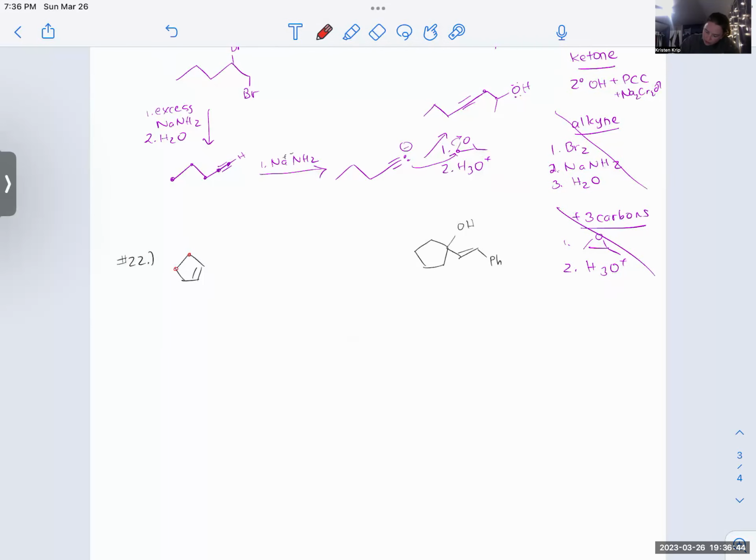So we have 1, 2, 3, 4, 5 carbons. We have an alkene in the ring specifically. Here we end with, so we still have our 5-carbon ring, but we've added two more carbons.